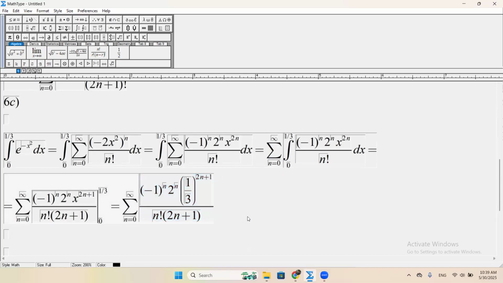Okay, so now how does it look? Let's simplify it a little bit, so let's rewrite it into a convenient form. So 2^n, and here will be 3^(2n+1).